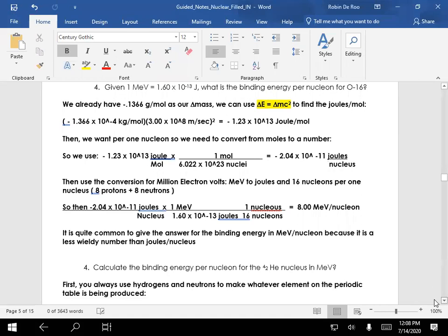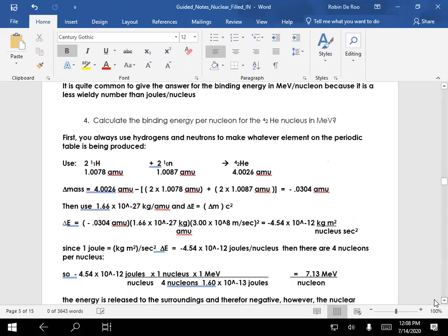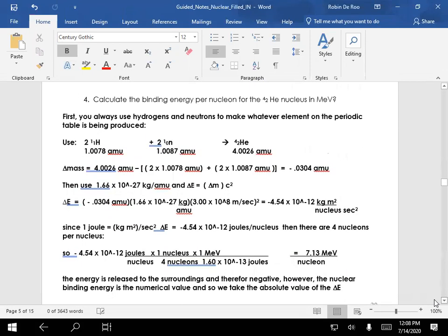So typically the question will ask you just for the binding energy in MeV, and they will give you whatever it is that you have to make. So in other words, the question will give you anything on the periodic table is fair game, any isotope. You'll be given this.